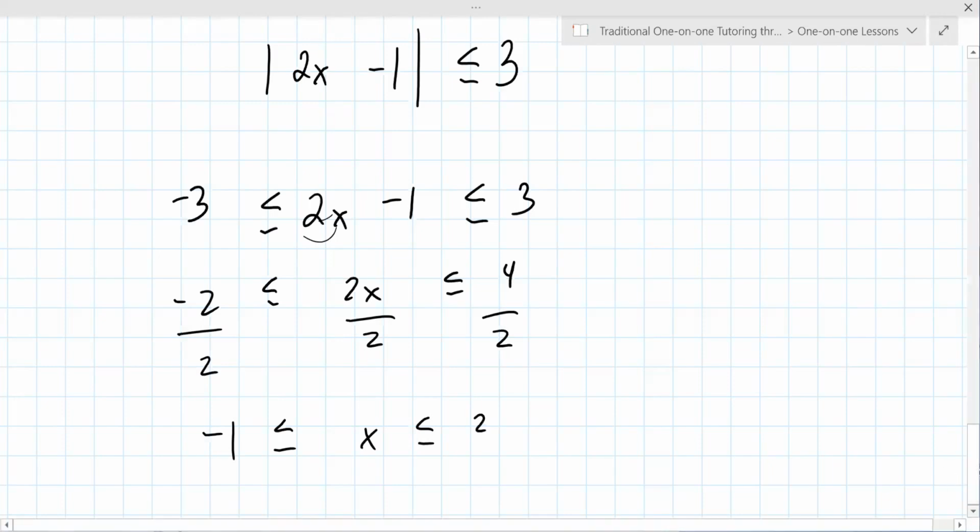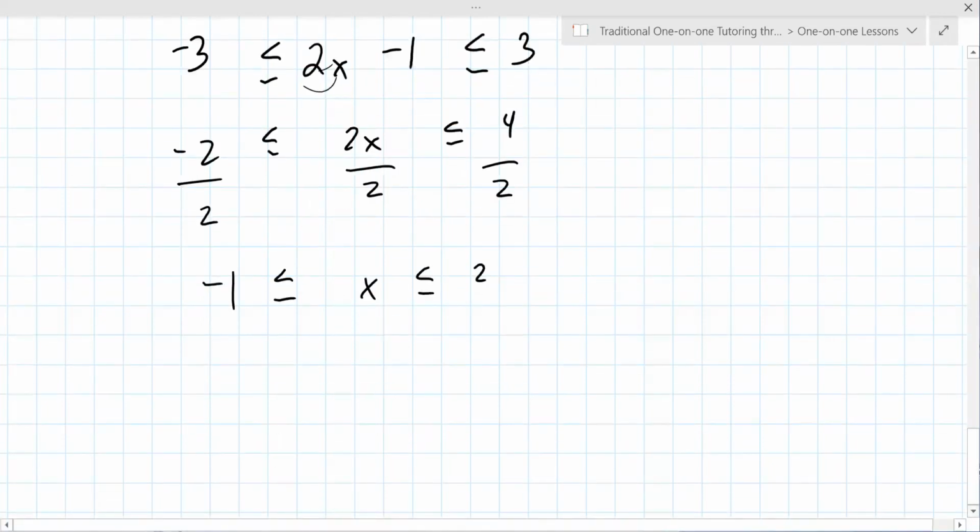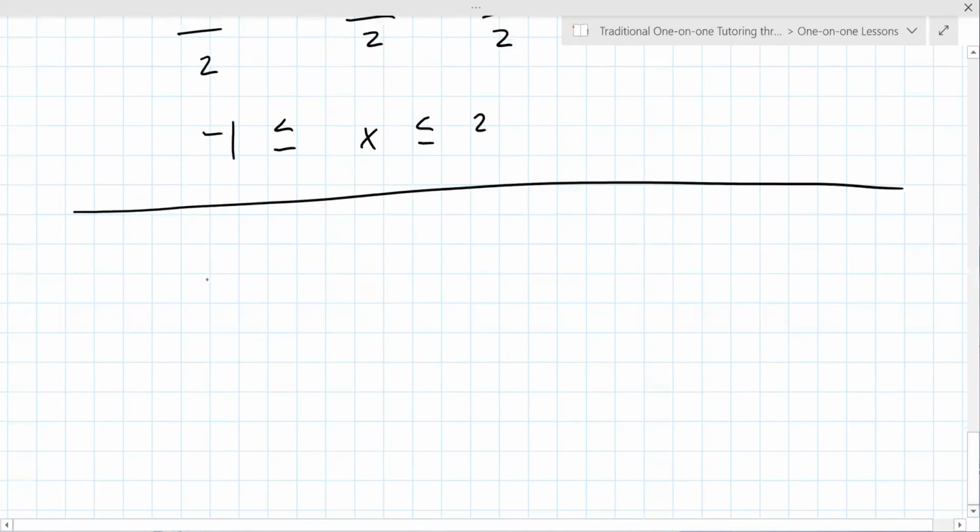I do have one question. There are like 2 ways to solve that one problem. Yeah, that's the next type, the greater than or equal to problems. Okay, so let's look at a few of those. Let's say absolute value 3x minus 2 is greater than or equal to 6.